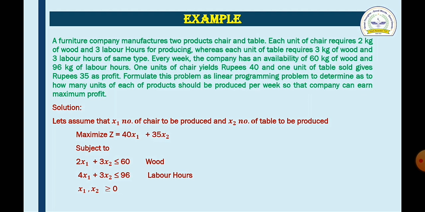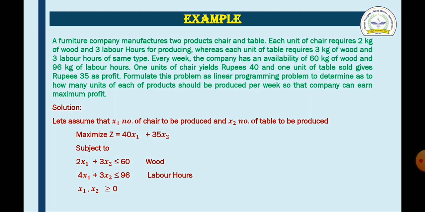Every week the company has an availability of 60 kg of wood and 96 labor hours. One unit of chair yields rupees 40 and one unit of table gives rupees 35 as profit. Formulate this problem as a linear programming problem to determine how many units of each of the products should be produced.